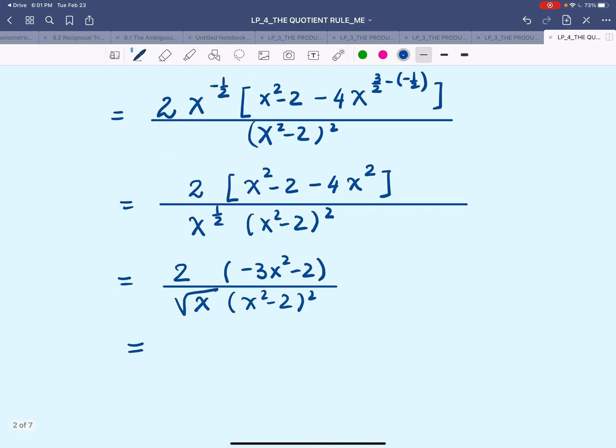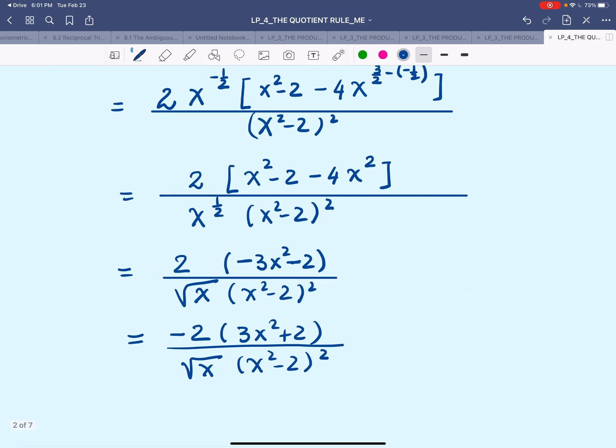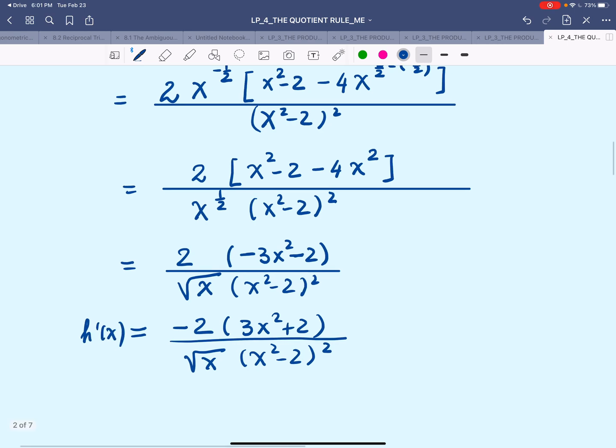So what we can do is take the minus out. And then we have 3x squared plus 2, all this over root of x squared minus 2 squared. This is the factored, most simplified form of function h, or the derivative of h of x.